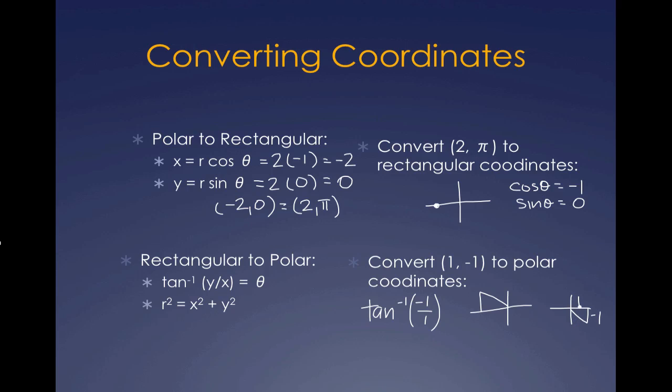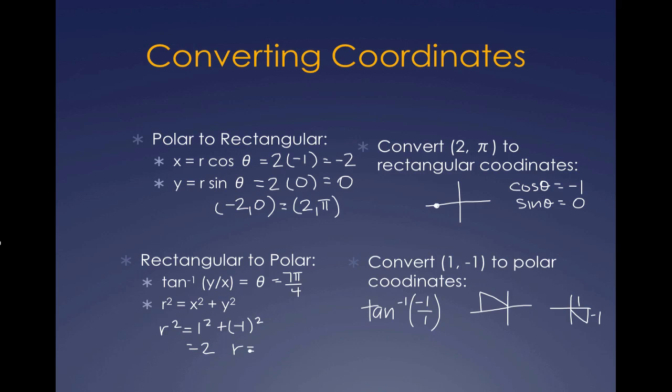So this is a 45, 45, 90-degree triangle in the 4th quadrant. So that's going to be 7 pi over 4. So theta equals 7 pi over 4. Now we've got to figure out what r equals. So r squared equals x squared plus y squared. So r squared is going to equal 1 squared plus -1 squared, which is going to equal 2.